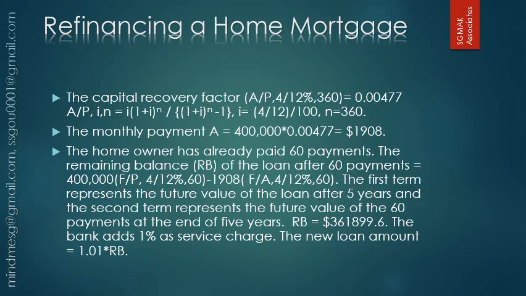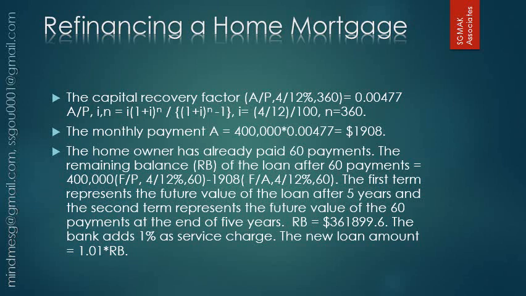The first term represents the future value of the loan after 5 years if nothing was paid to repay the loan. And the second term represents the future value of all the payments, 60 payments, the borrower has made so far.